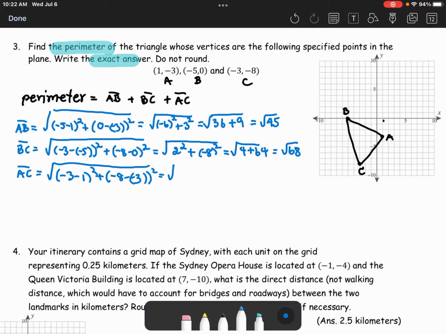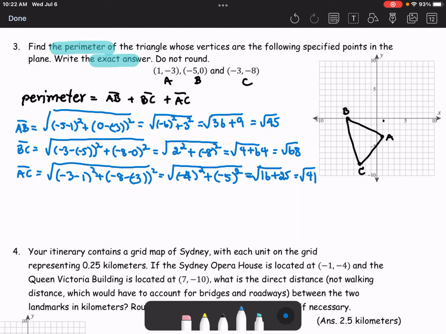Or square root of -4 squared plus -8 plus 3, that becomes -5 squared, which is square root of 16 plus 25, or square root of 41. Now we have all three sides in the exact form. Next, what we're going to do is add them all up.